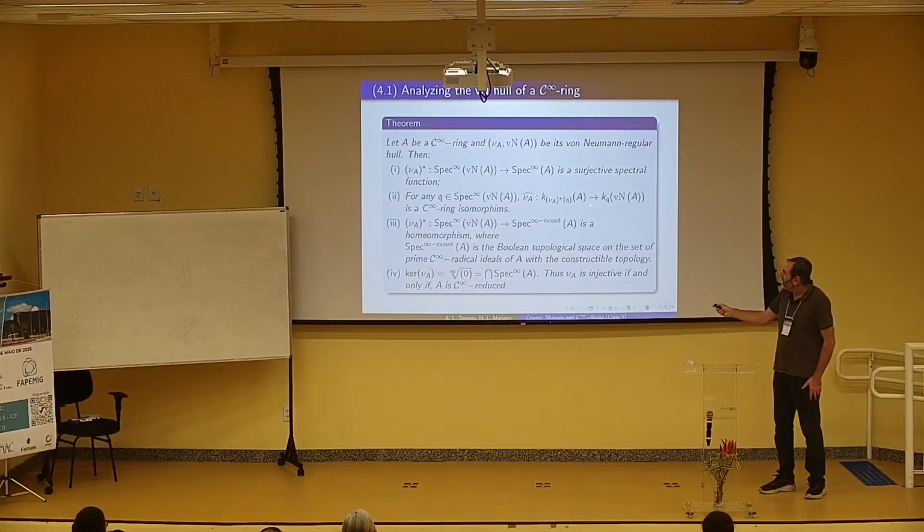Em função disso, você também consegue mostrar basicamente que isso não é só um sobrejetor, mas também é injetor, tá? Como a gente tem essa função que vai ser bijeção espectral e esse é booleano, isso também mostra que esse próprio mapa é homeomorfo ao espaço formado com a topologia construtível sobre o espectro de A. Ele é uma bijeção saindo de um booleano, chegando no espectral, que é contínuo, né?